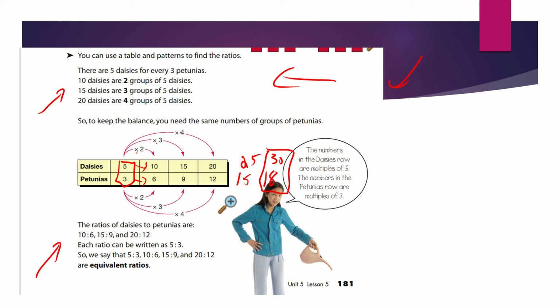But what we basically know is that the ratio is 5 to 3. We could write it like this, but these are all equivalent ratios. If I was to say 25 to 15, and we talked about simplifying the other day, you're going to divide this by 5 and this by 5 because there's a common factor between those, and you're going to get 5 to 3.